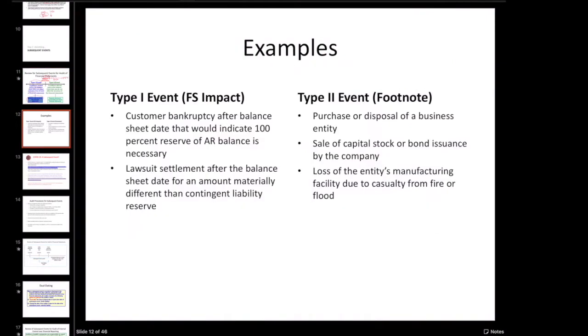So let's look at some examples. Example 1 would be, let's say we had a customer that goes bankrupt after the balance sheet date. So we said our example date was January 15th. So let's say my customer goes bankrupt and that is announced on January 15th, 2020.